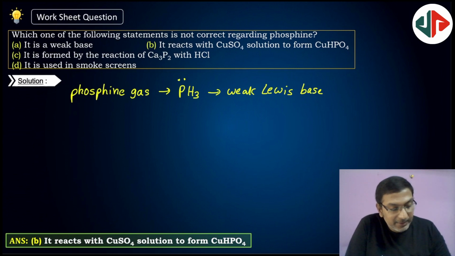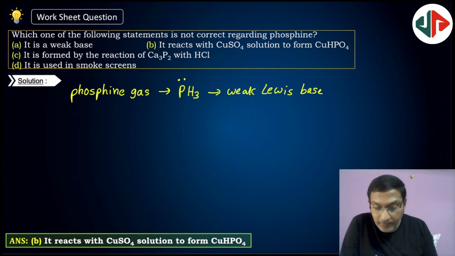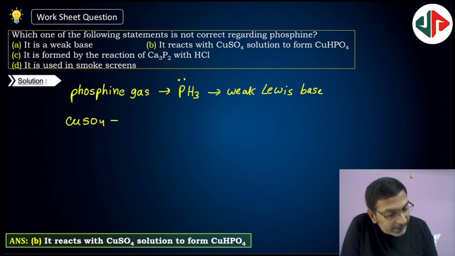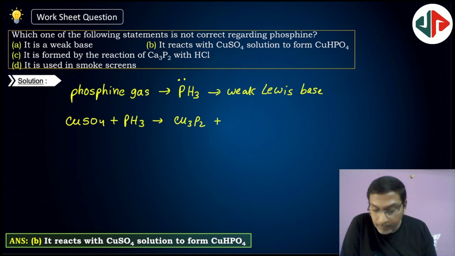It reacts with CuSO4, see here, copper sulfate reacts with phosphine gas to form Cu3P2 plus H2SO4. So after balancing 3 and here 2 and here again 3.